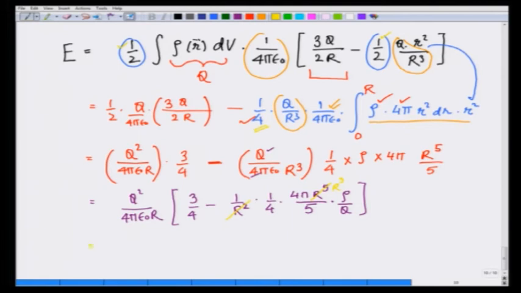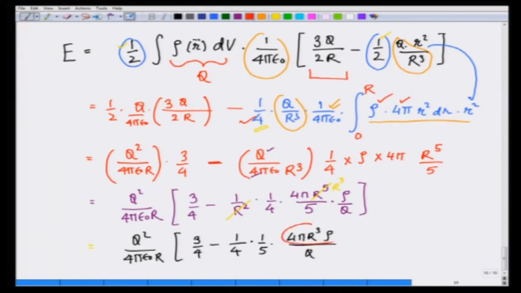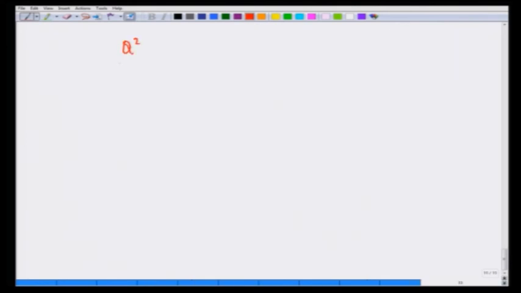So, I am getting q square over 4 pi epsilon 0 r times 3/4 minus 1/4 times 1/5 times 4 pi r cubed rho over q. 4 pi r cubed rho is 3q, and therefore, the energy I get is q square over 4 pi epsilon 0 r times 3/4 minus 1 over 20 times 3q over q.